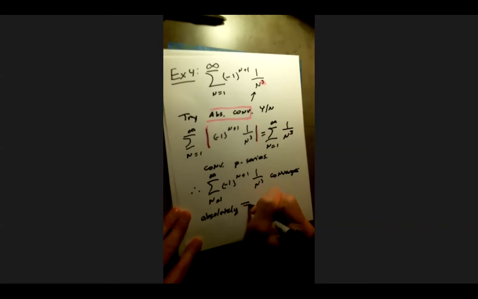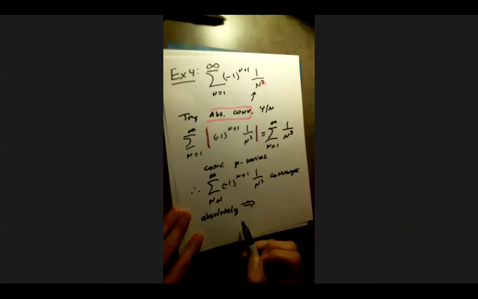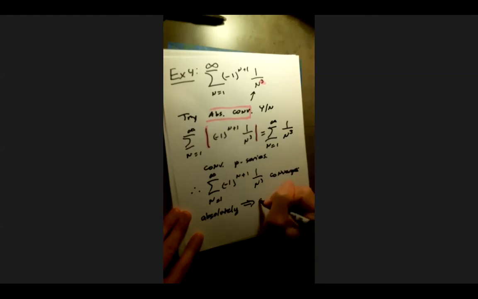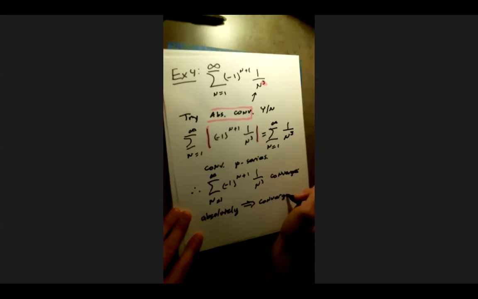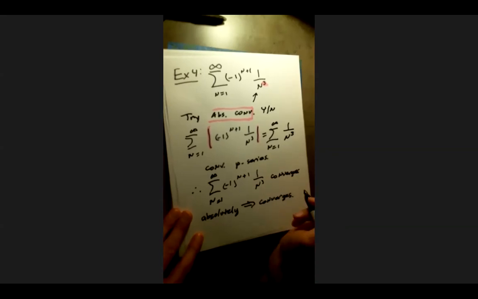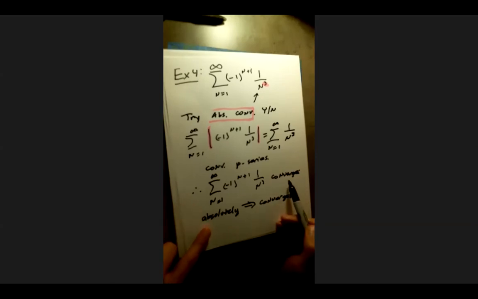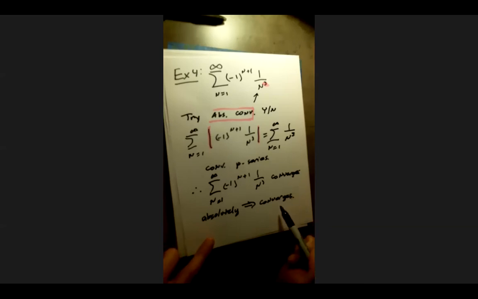Absolutely, which tells us that since it converges absolutely, the series also converges. Converging absolutely is the stronger statement, and certainly if you have the stronger condition being true, then you'll also have the weaker condition being true. Does that make sense?